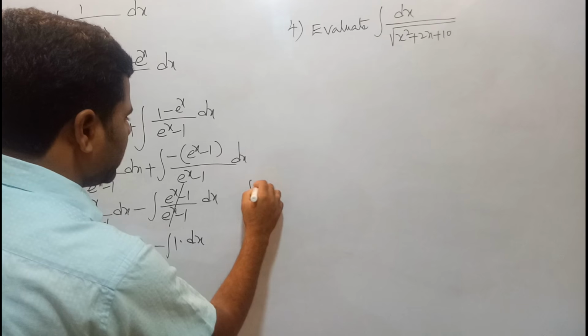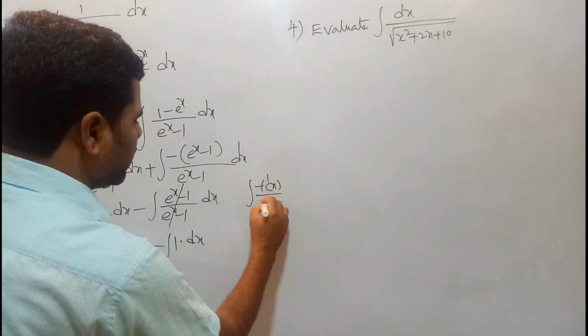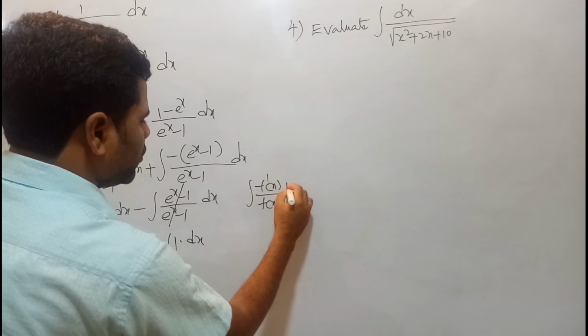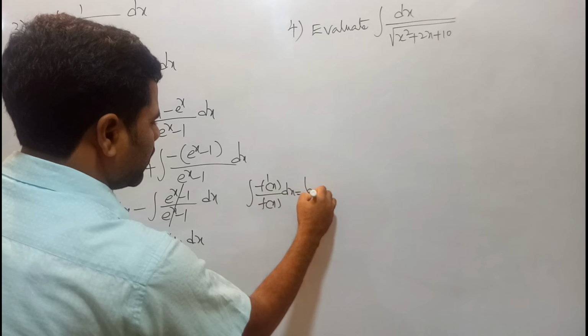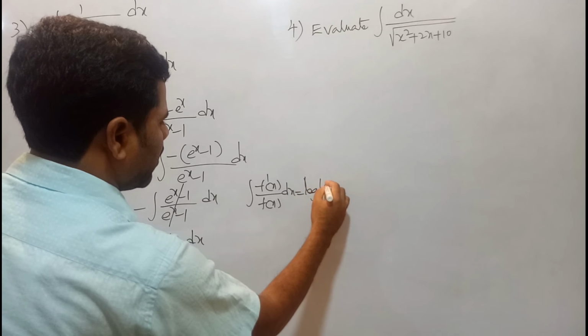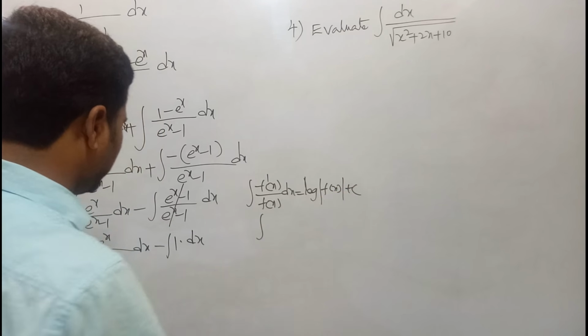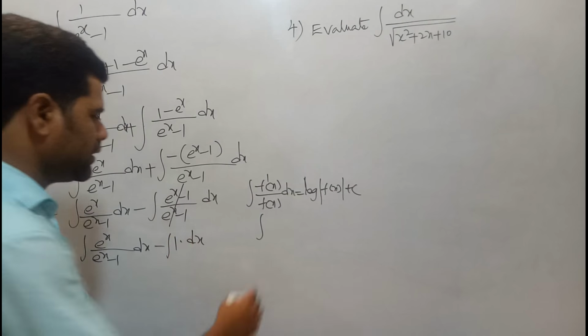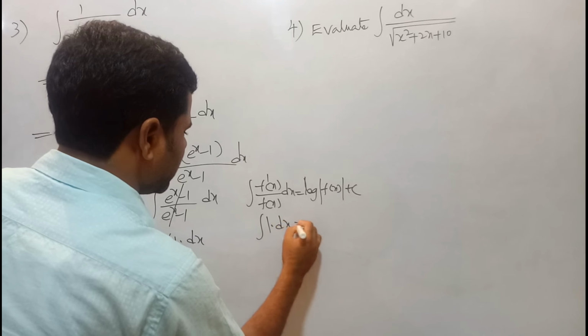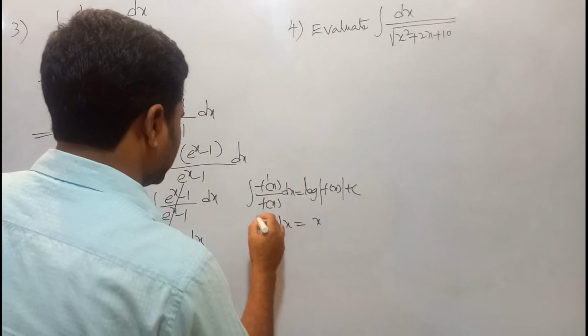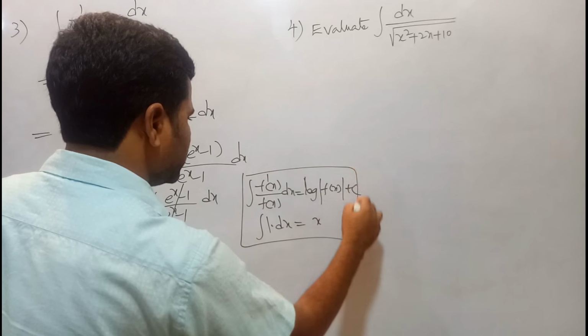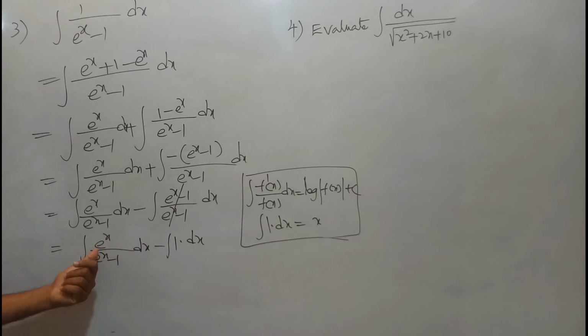Integral f dash of x by f of x into dx is equal to log mod f of x plus c. And one more formula, integral 1 into dx is equal to x. So from these two formulas we can write, here this is f dash of x by f of x.